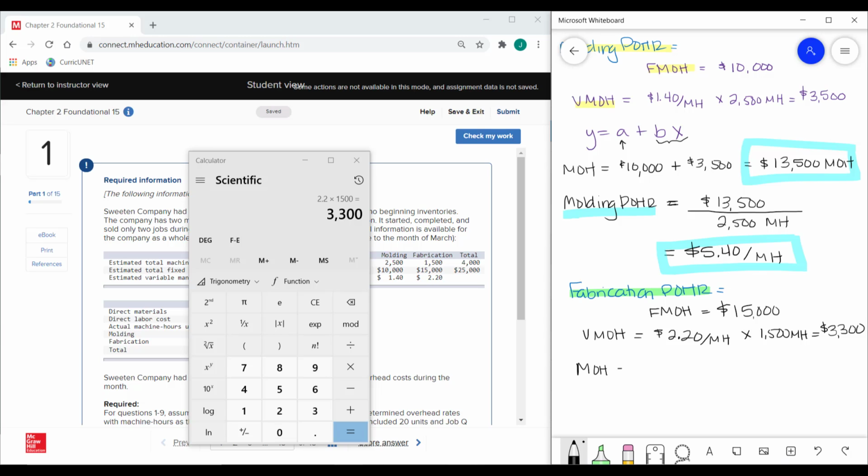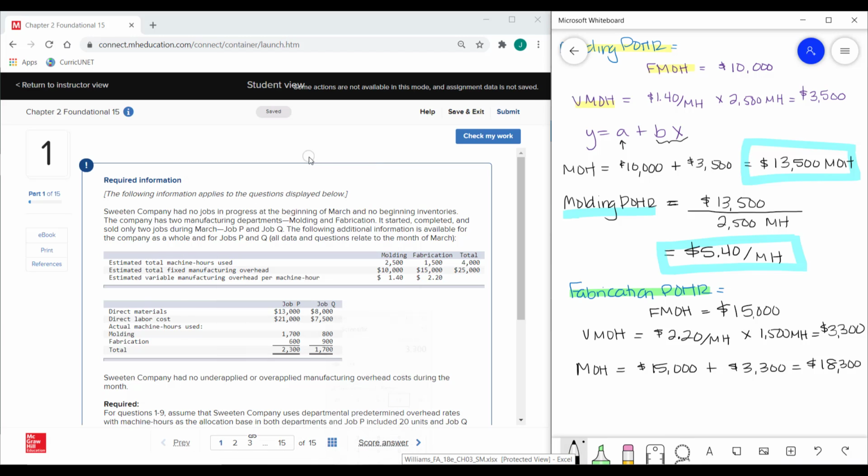Remember the y equals a plus bx, right? A meaning the fixed portion, which is the $15,000, plus the total variable portion bx, which we now found to be $3,300. We add that together, that gives us $18,300 of total estimated manufacturing overhead.